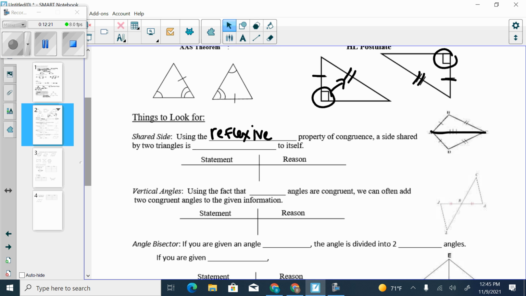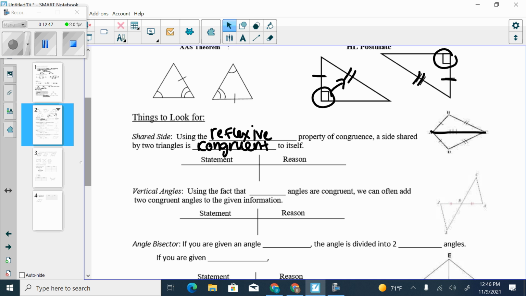But all this property says is that that segment doesn't change no matter which part of the figure I'm looking at. So in this specific figure over here, it says that those 2 segments, AC for the top and AC on the bottom, are still congruent because it's the exact same side.